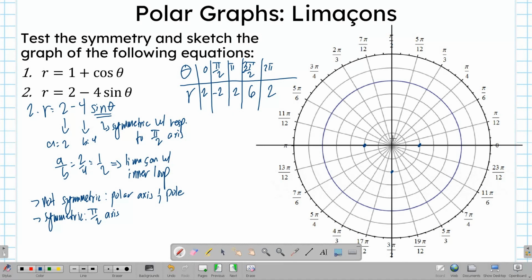So that's 1, 2, 3, 4, 5, 6. This is 6, 3 pi over 2. And 2 pi is this one. So based from this, it's a limaçon with an inner loop.